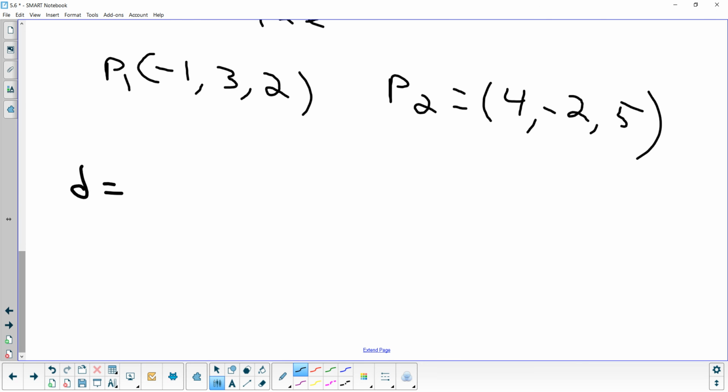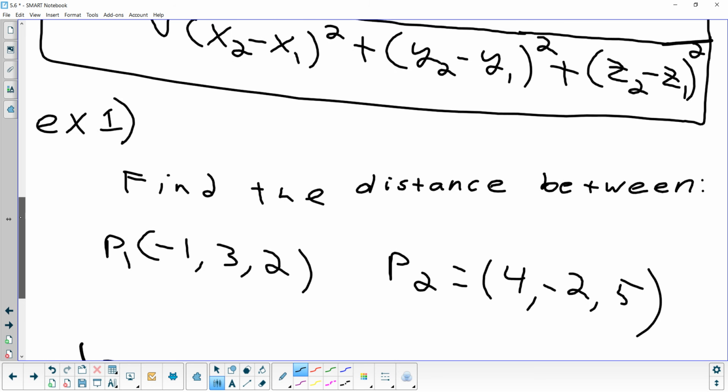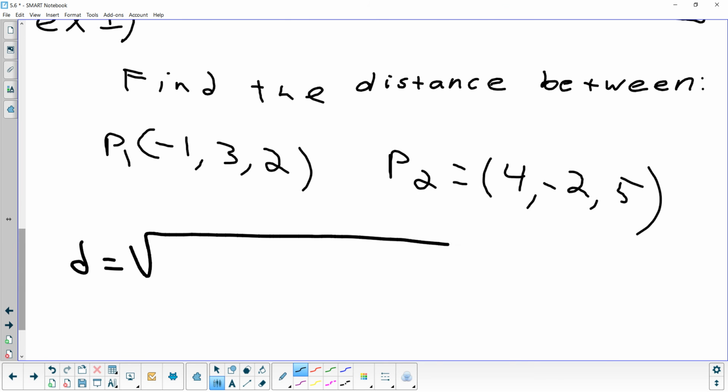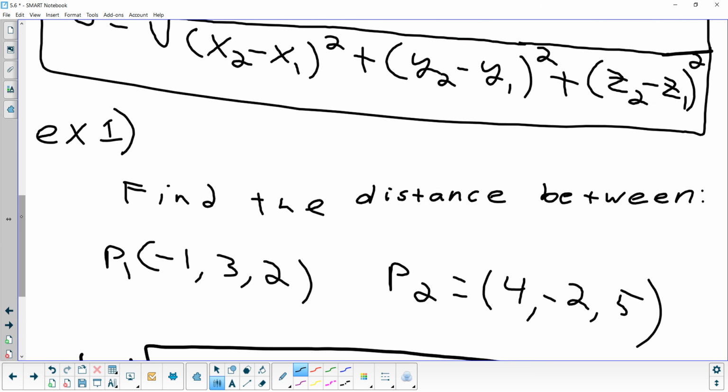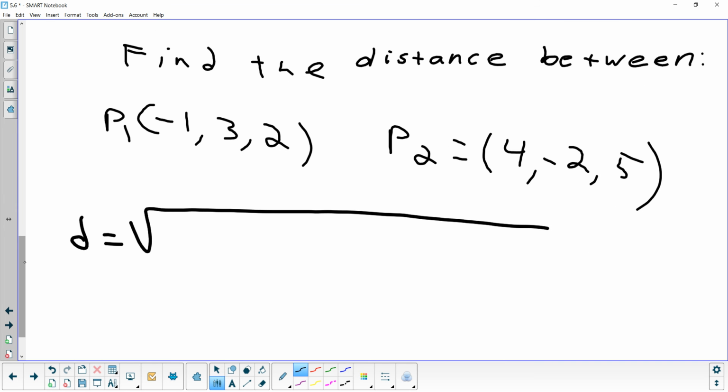And what do we want to put on the right-hand side? The square root. Yep. So we want to put a nice big square root. And Jaden, can you tell me the first two things that I would subtract? 4 minus -1. Yep, the x value from P2 minus the x value from P1. So 4 minus -1. And what am I going to do with that value? You're going to square it. Yep, we're going to square it. Plus.